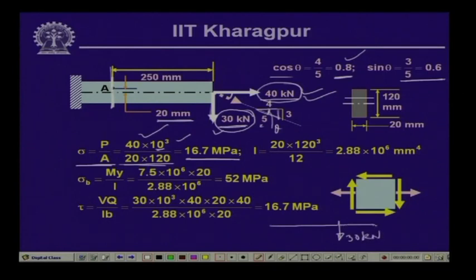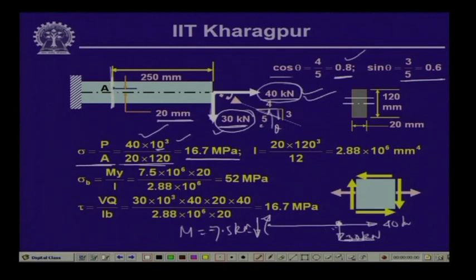We have the axial load, which is 40 kilonewton, and at this end you have the bending moment M and the shear force V. So, if you take the moment of the forces with respect to this, then we have moment plus 30 times 0.25 is equal to 0. So, the bending moment we get as 7.5 kilonewton meter.